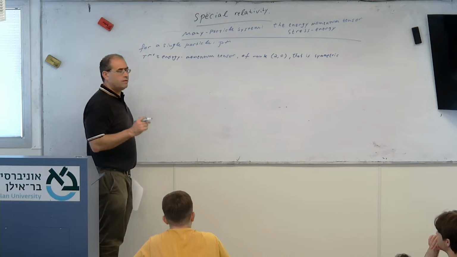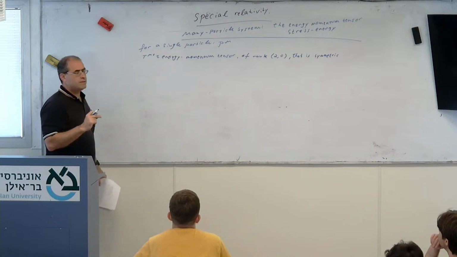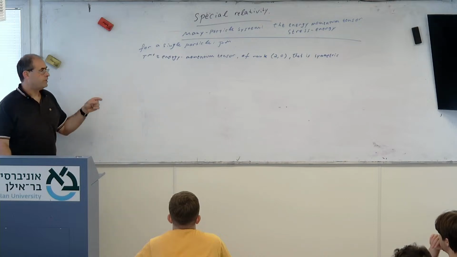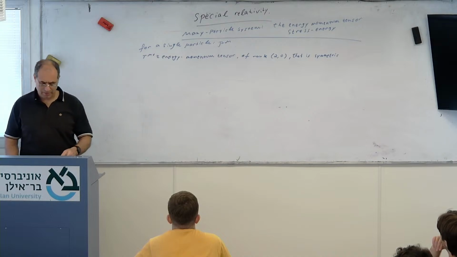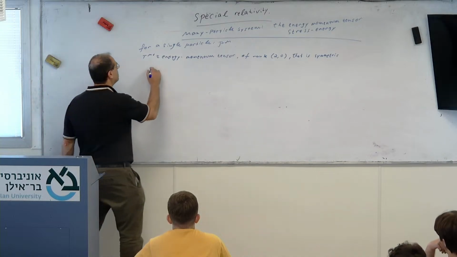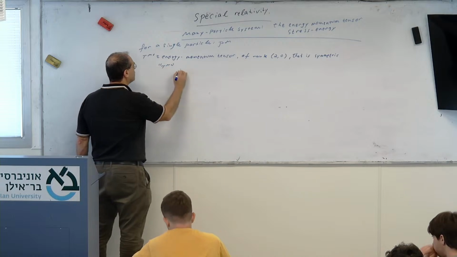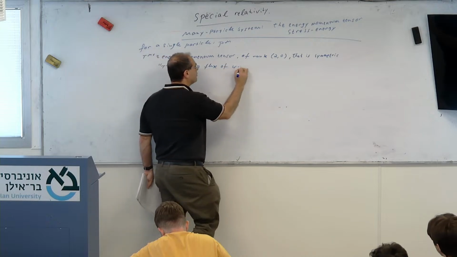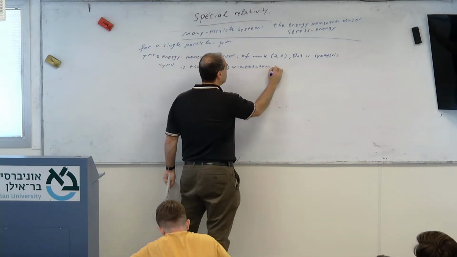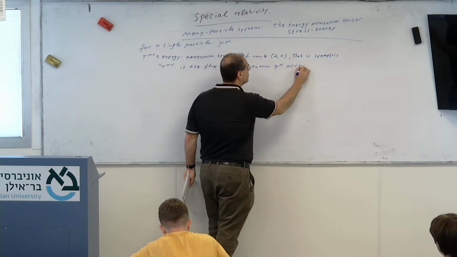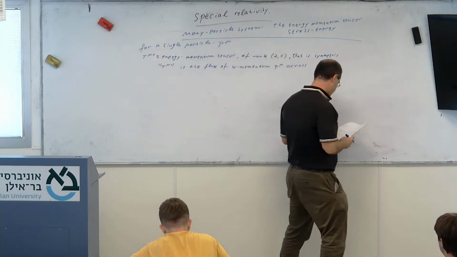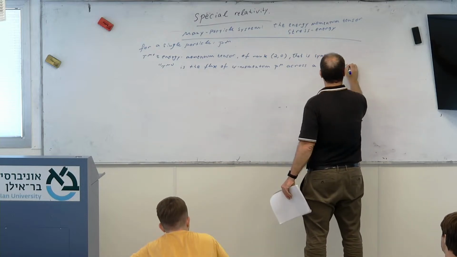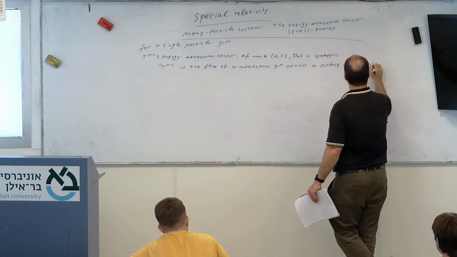So very crudely, T mu nu is the flux of four-momentum P mu across a surface of constant x nu, roughly.